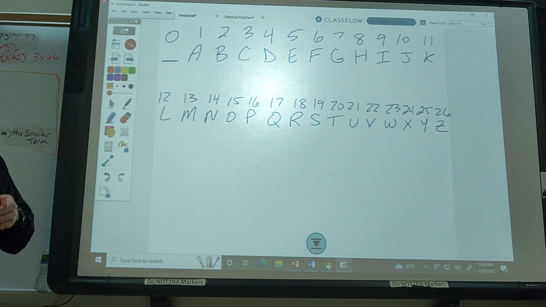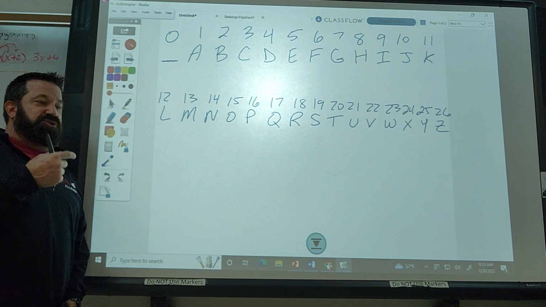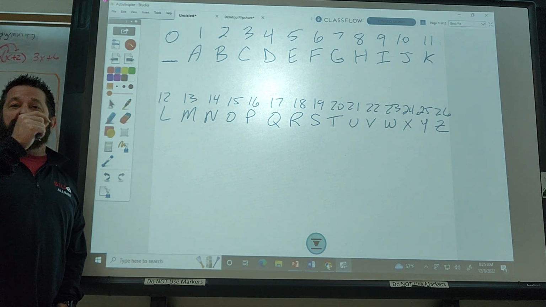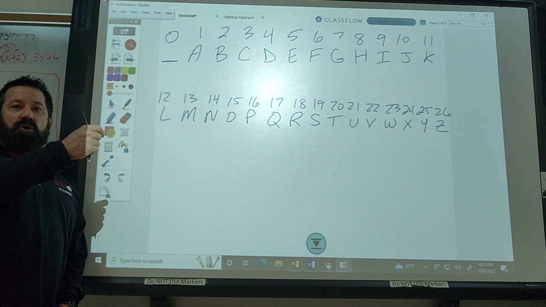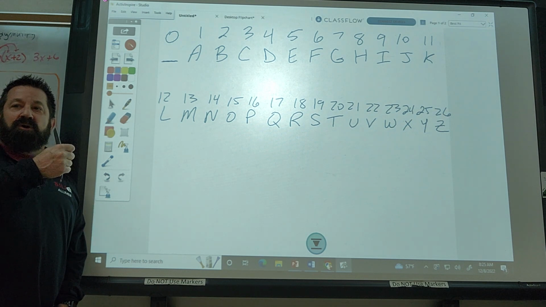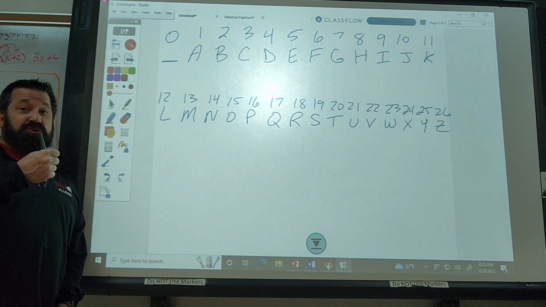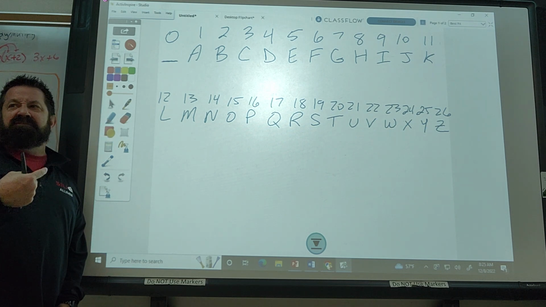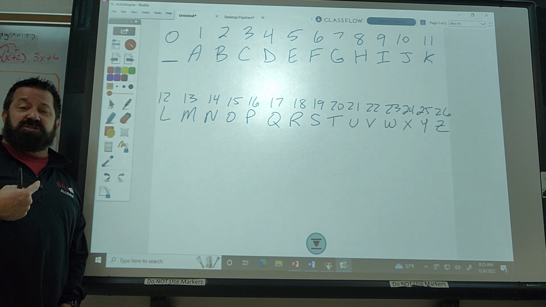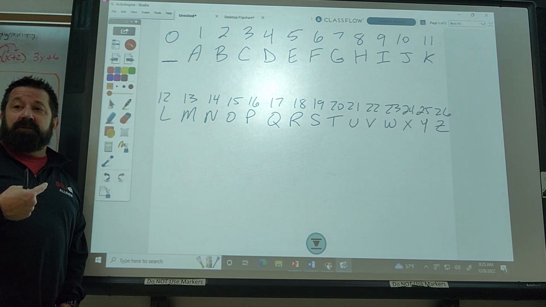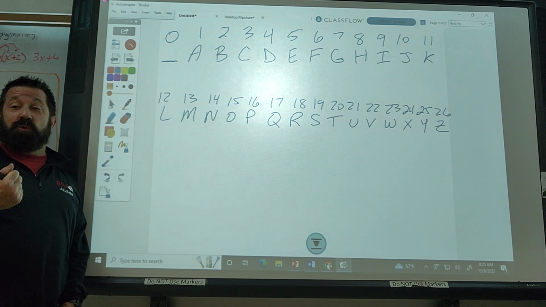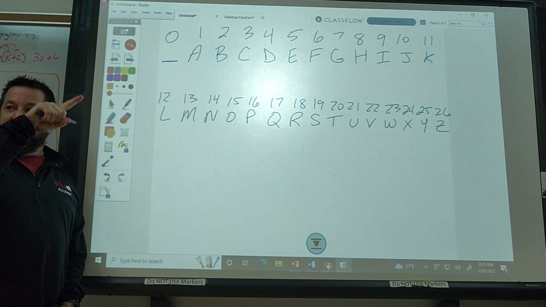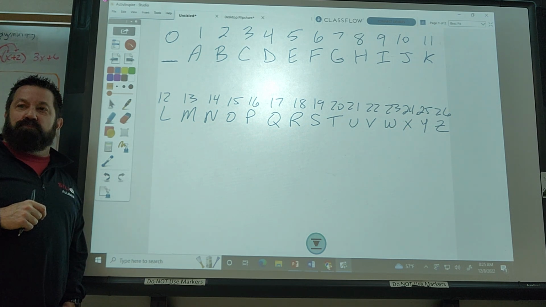One of the things about these codes is that when people are trying to break a code, what they look for is repeated numbers. If there's a repeated number, that means that's a letter that is going to be the same in every single spot. The most common letter in the English language, I believe, is the letter E. If you play Wordle, you want to make sure you pick a word that has E in it somewhere, because it's probably going to be part of most words.